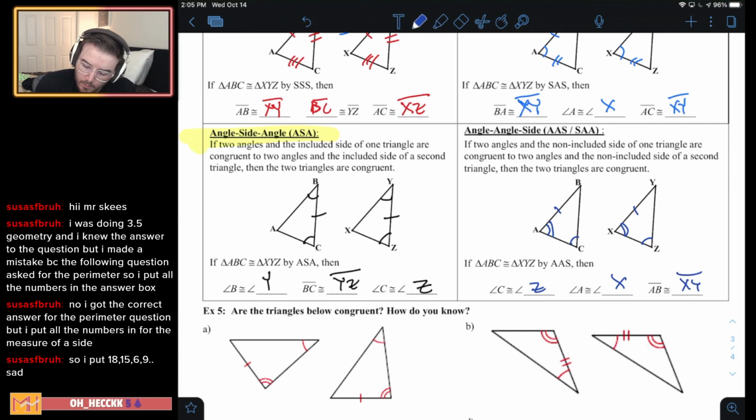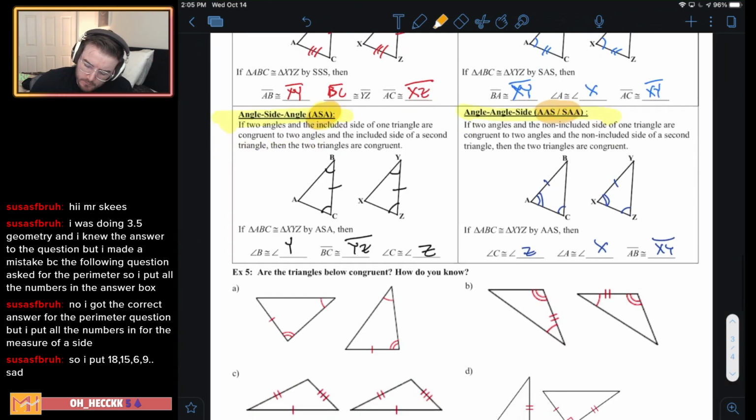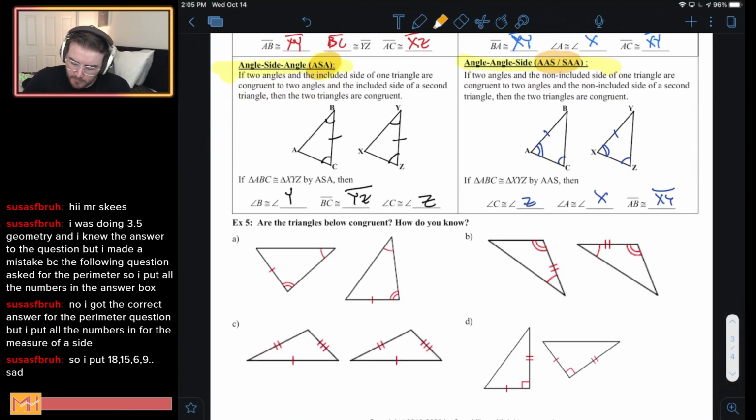So whether the side is between the angles, or after the angles, it really doesn't matter. If two angles and a side are congruent, therefore the triangles are congruent, basically. Two angles and a side.